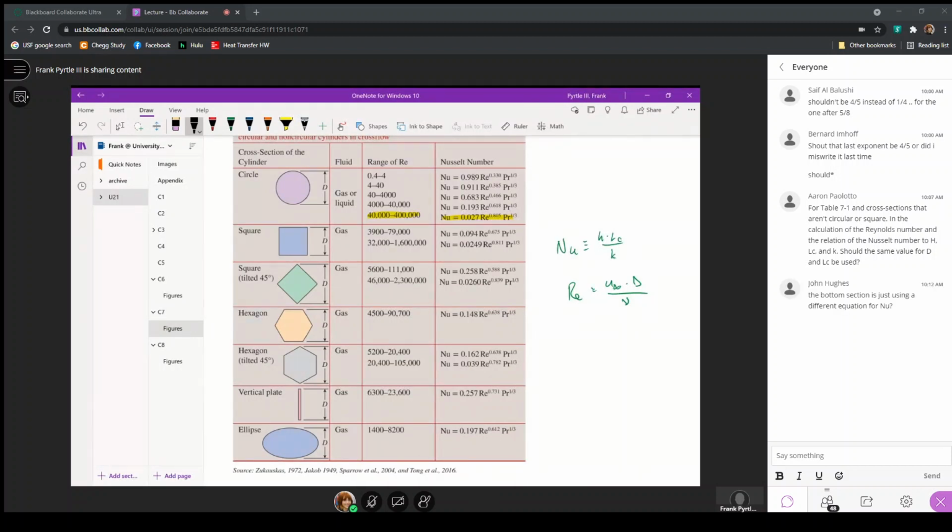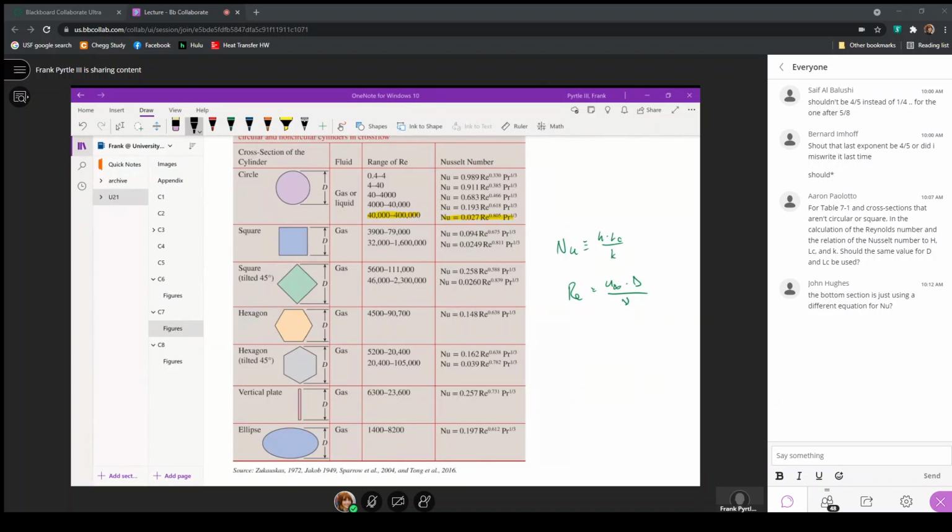And then according to the range of the Reynolds number, we get a more specific expression of the Nusselt number based on how the fluid moves. The bottom section is just using a different equation.